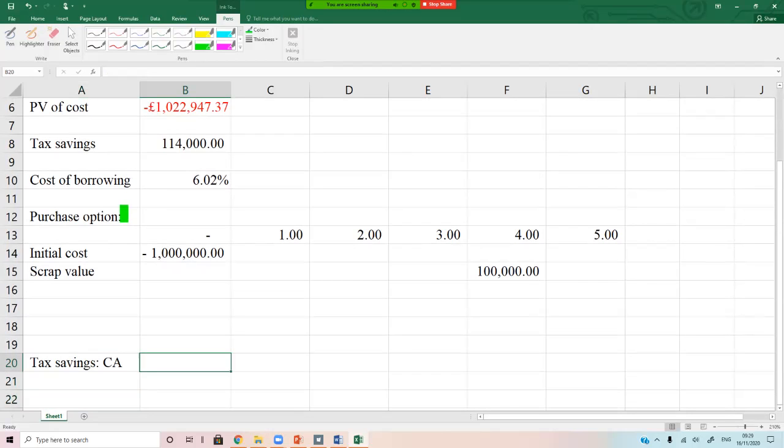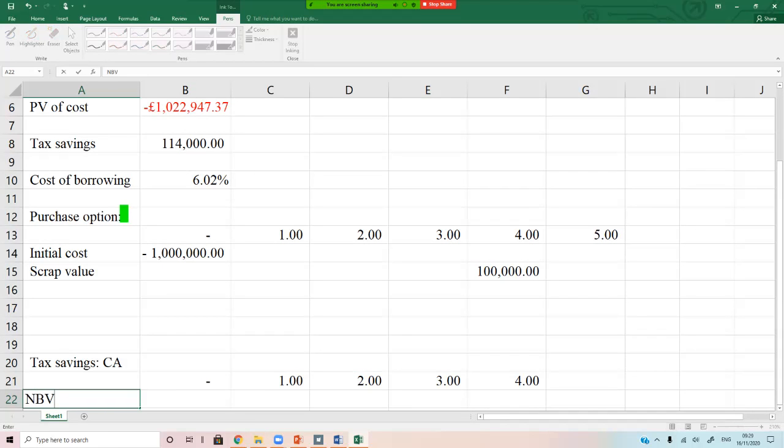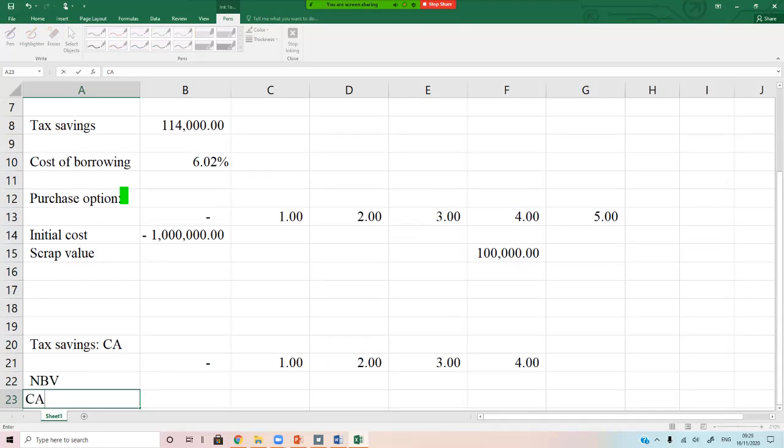So here you can have year 0, year 1, year 2, year 3, year 4. I want to get the capital allowances for each year. I'll begin by getting the NBV, net book value. Then here I can have capital allowances, CA. The examiner knows what CA means. NBV, of course, is 1 million. In year 0, there are no capital allowances you can claim.